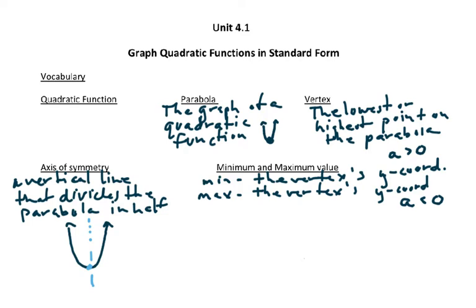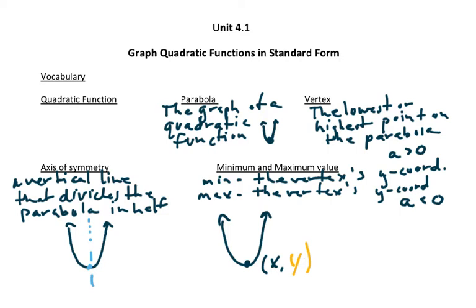And here's all that means. If I've got a parabola that opens up, the minimum value, obviously, is right here. It's located at the vertex point. And our vertex is x, comma, and this y is obviously going to be our minimum value.